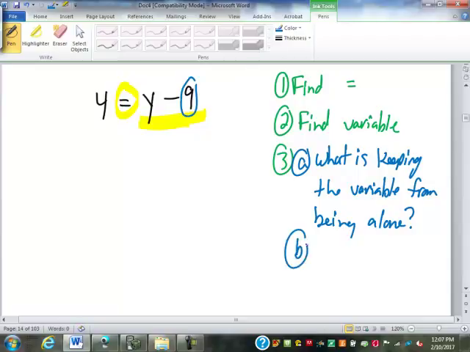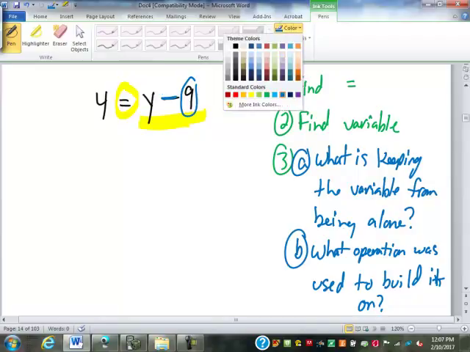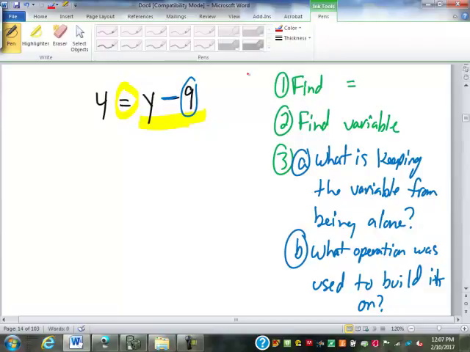So the second part of that is, what operation was used to build it on? So the 9 was attached to the y by what operation? It was subtracted, right? So that tells us how this equation was built. This equation was built by taking y and subtracting 9 from it.